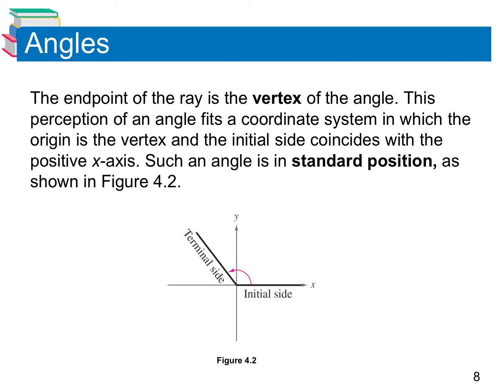The initial side always starts at the x-axis, and then it goes to the terminal side wherever that may be, depending on how big the angle is. Your vertex here is at the origin. So this is an angle in standard position.